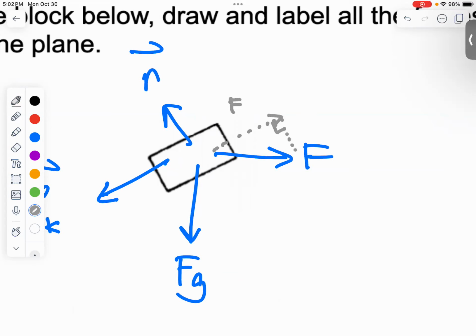So that will be your Fx right here, that will be your Fy right here, and this is your little theta.